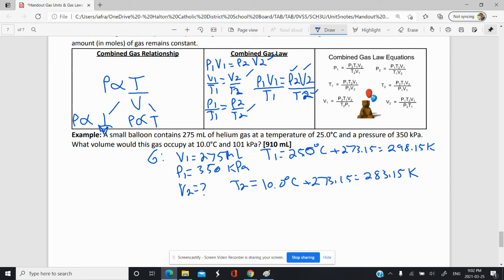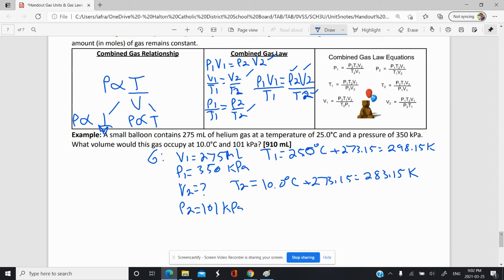But before we jump ahead of the game here, our pressure was also reduced. And usually when you reduce pressure, that increases volume. So we have something that decreases volume and something that increases volume here. So we're going to have to use our combined gas law to figure out what our new volume is.